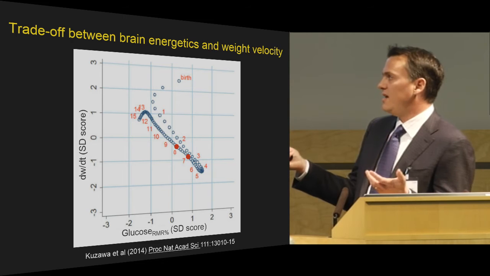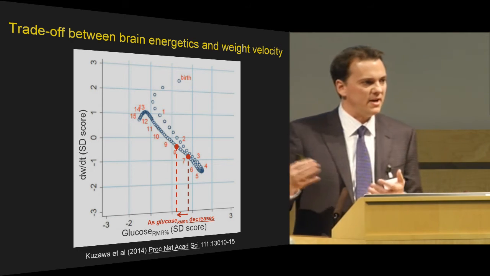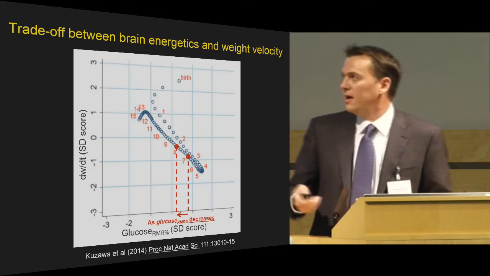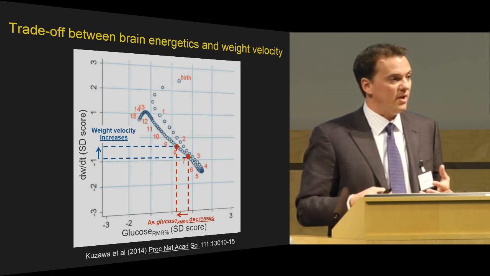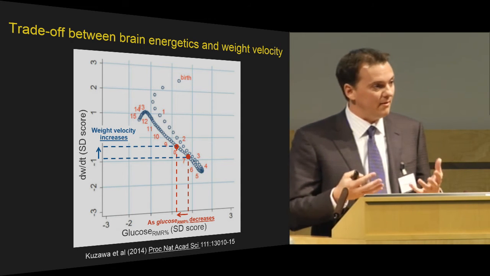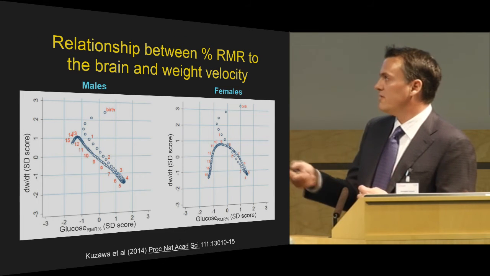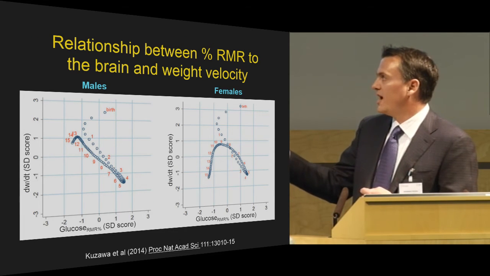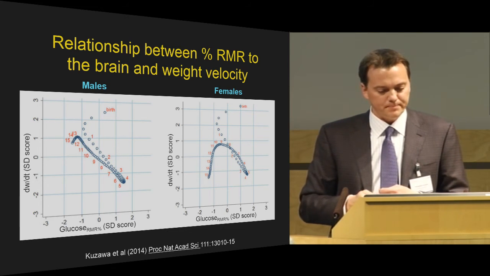So from 7 to 8 years of age, the brain is starting to decrease in its dominance of the body. This is because of synaptic pruning, and at the same time, you have about a proportionate increase in weight velocity. So I think we have really strong evidence here that there's been a trade-off between these. And this is what it looks like in females. It's similar, but puberty happens earlier, so things change at an earlier age. Okay?